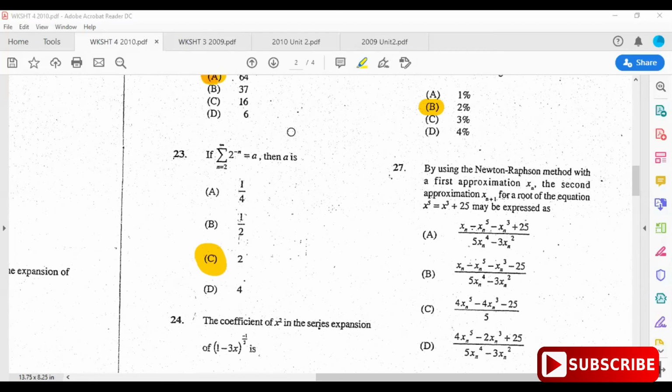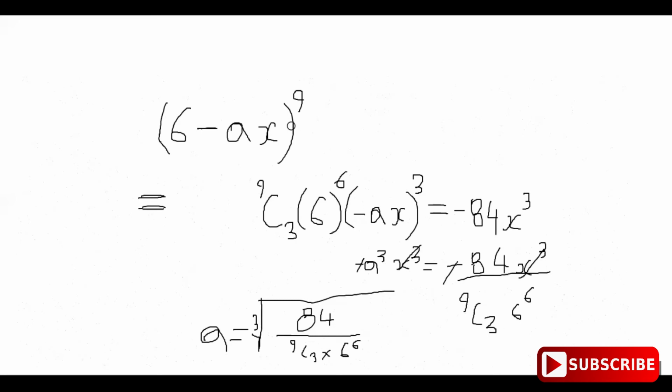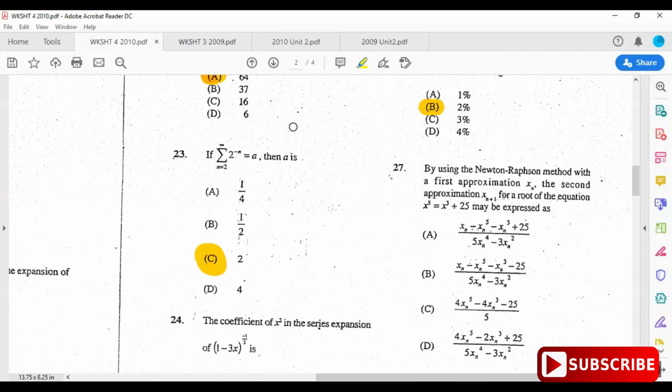And so they tell us that x to the fifth is equal to x cubed plus 25.